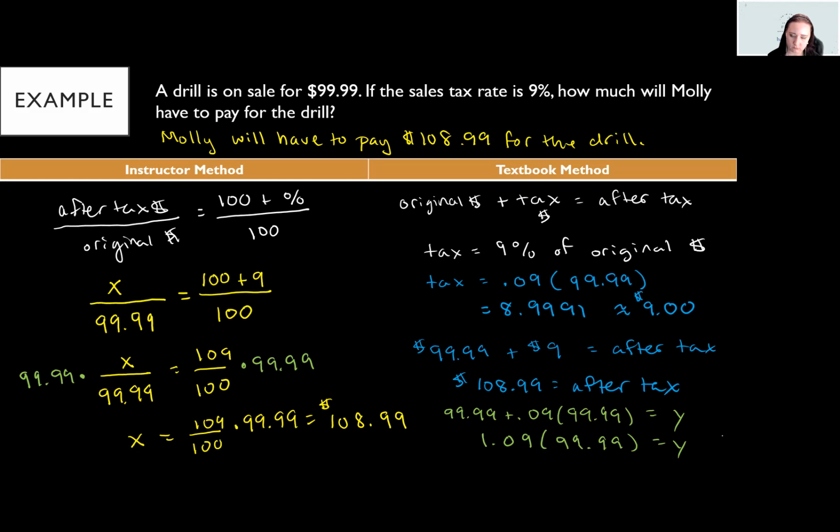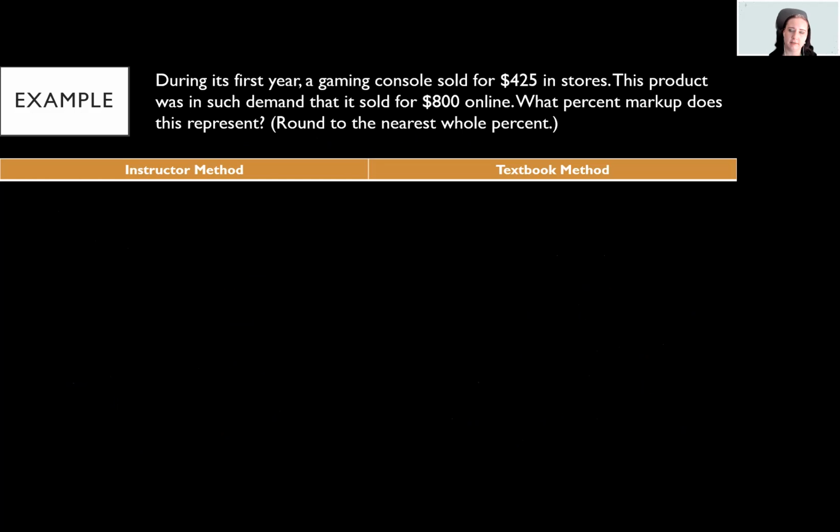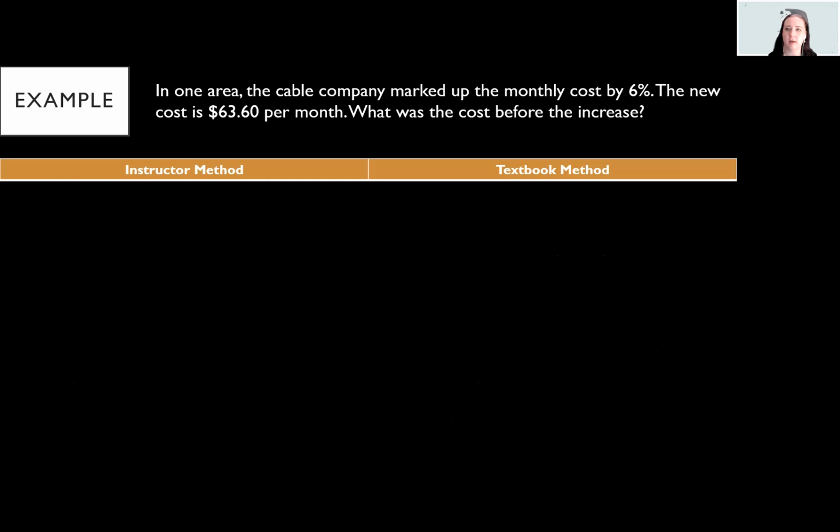So this is an example. Let's see, actually, let's do this one and then I'll go back to the next one. This is an example of a problem that tends to be done incorrectly if you attempt the textbook method, because people put their numbers in the wrong spot.